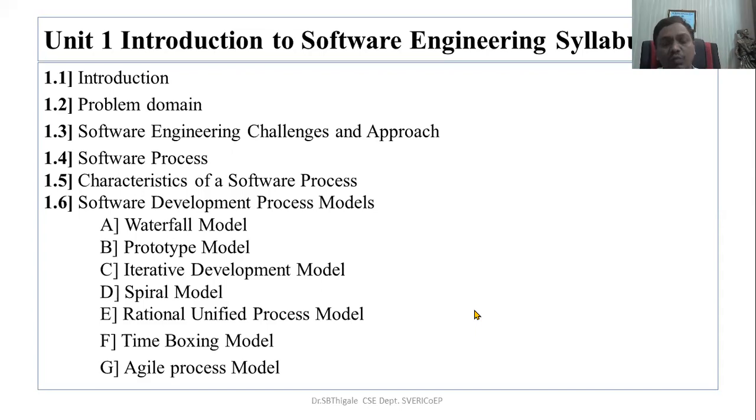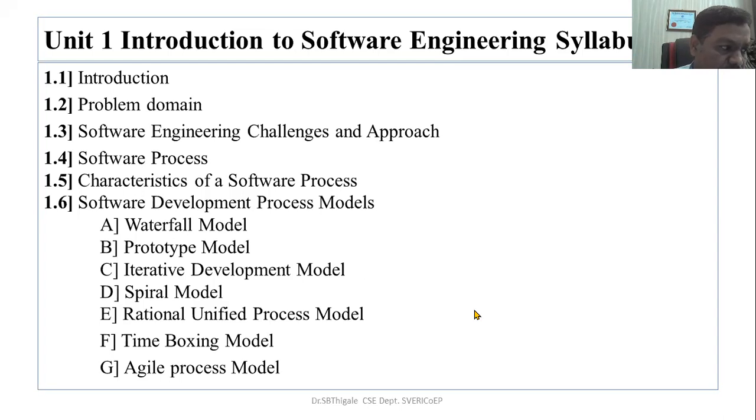Then we discussed what a software process is. As the name suggests, a process tells us what to do, how to do, and when to do, to reach a certain goal. Whenever I am thinking to develop software, I need to follow the process. To understand the process, we discussed the basic idea.